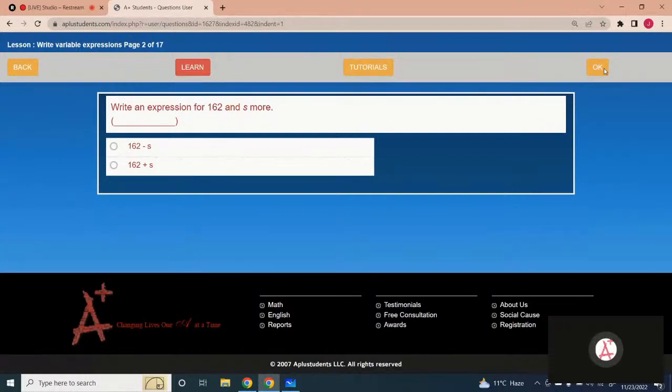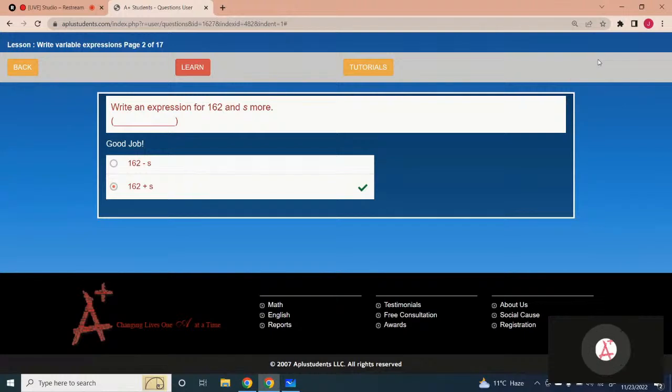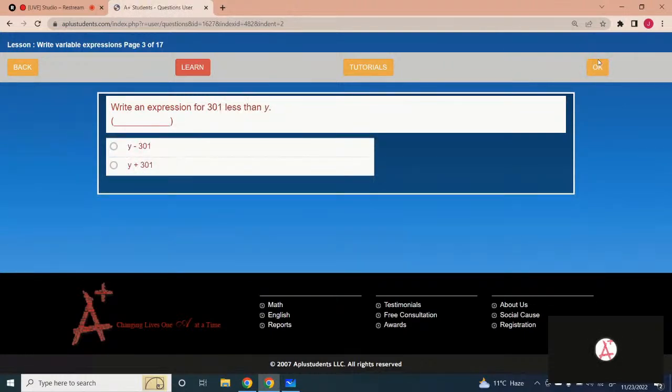It would be 162 plus s. Very good. The second option is the correct one, as more means you have to add. So it is 162 plus s. Okay, write an expression for 301 less than y. So which option is the correct one?